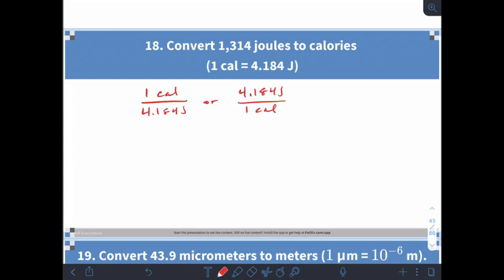And in case you're wondering, because I'm sure a lot of you are interested in dietary things and medical things, this calorie, this lowercase c calorie, is not a dietary calorie. So if you're not aware, your dietary calories, like what you see on a nutrition label, are actually kilocalories. So it takes 1,000 of these regular calories to make 1 dietary calorie.